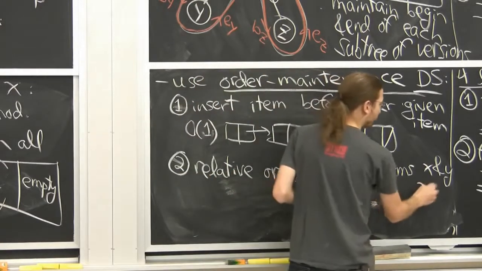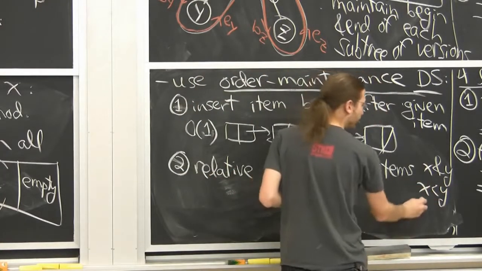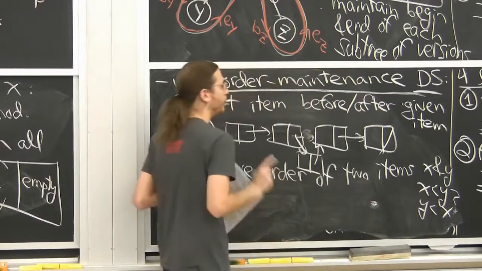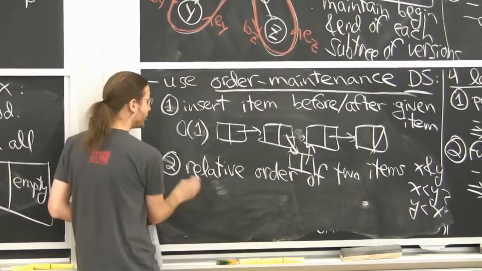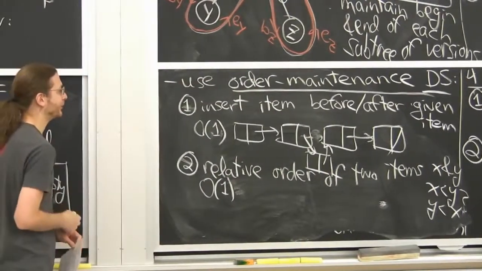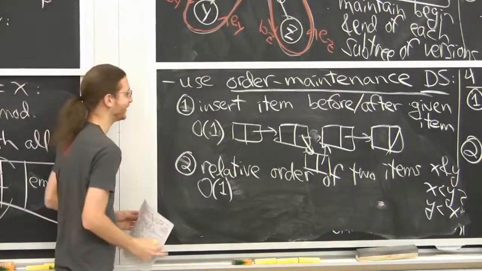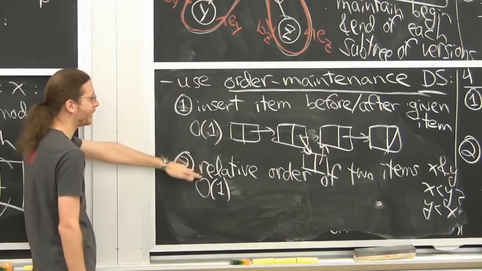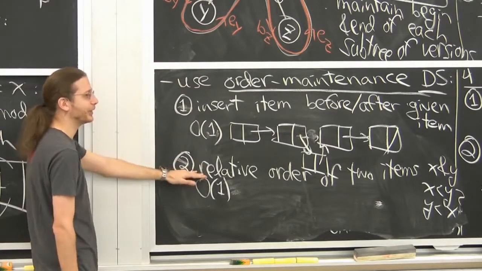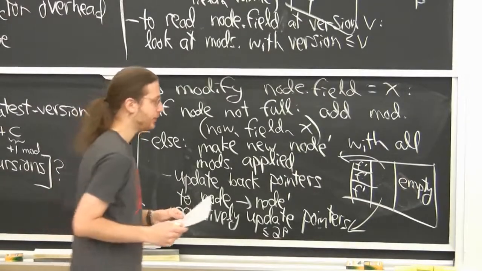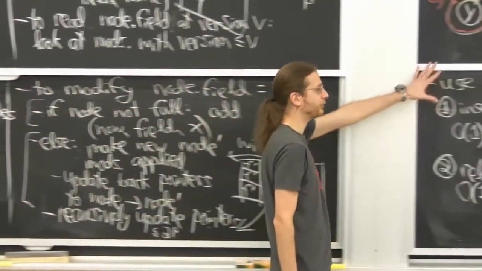I want to know, is X less than Y in terms of the order in the list, or is Y less than X? And an order maintenance data structure can do this in constant time. Now it doesn't look like your mother's linked list. It's not the linked list you learned in school. It's a magical linked list that can somehow answer these queries. How? Go to lecture 8. For now, we're just going to assume that this magical data structure exists.